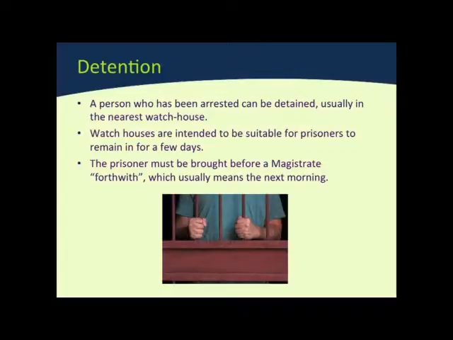So that's not fun. So the bottom line is that once a person has been arrested, they remain arrested until they're brought before a magistrate, and so they can be detained in the watch house during that period of time.